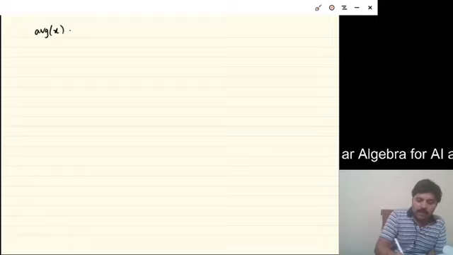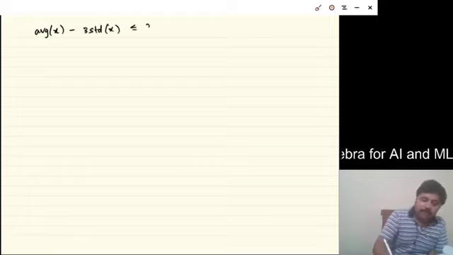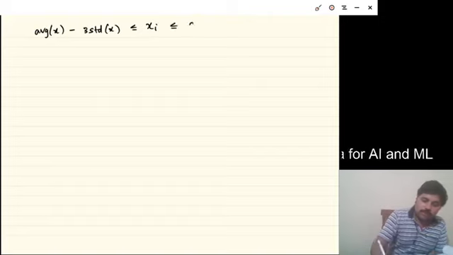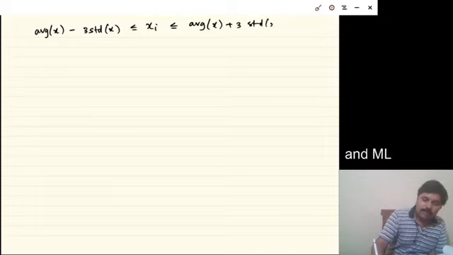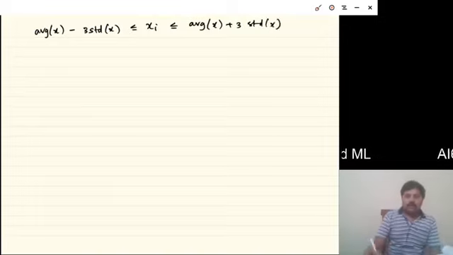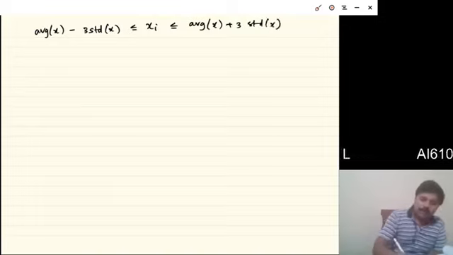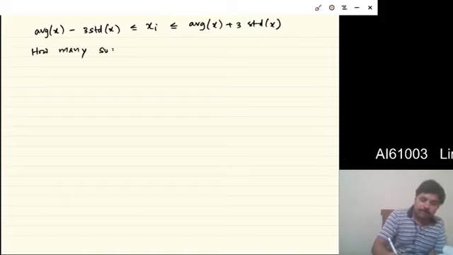The interval is average of X minus 3 times standard deviation of X less than or equal to Xi less than or equal to average of X plus 3 times standard deviation of X. How many such Xi?